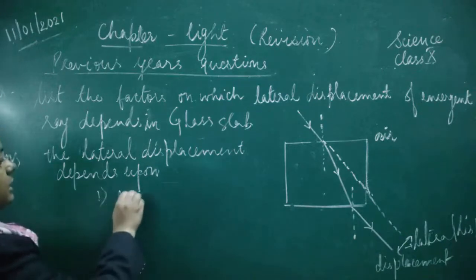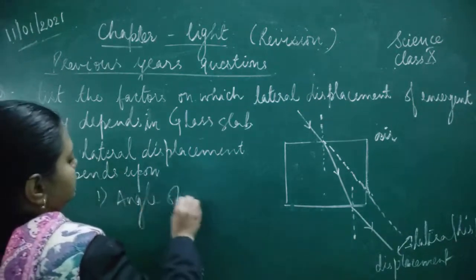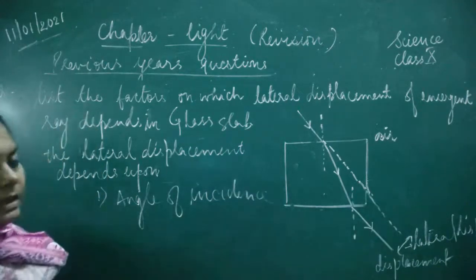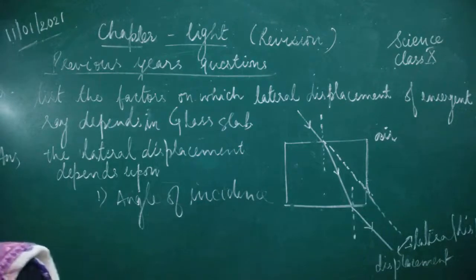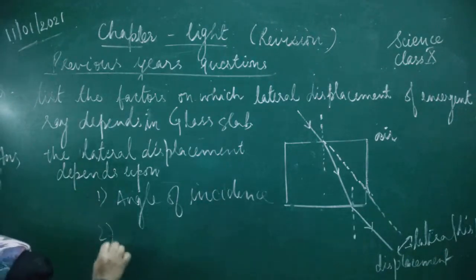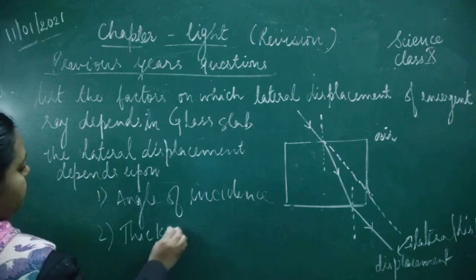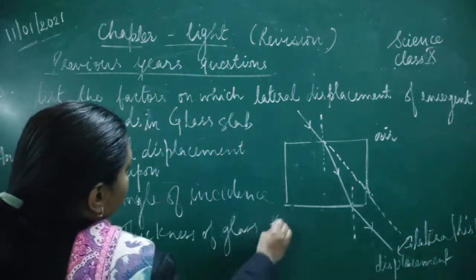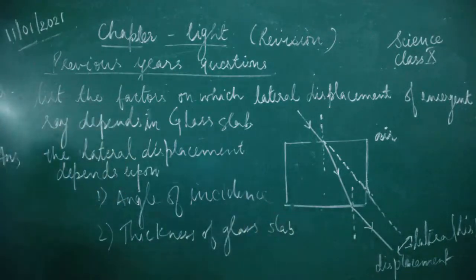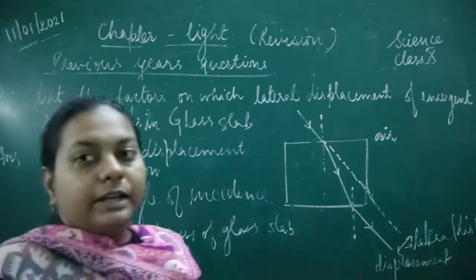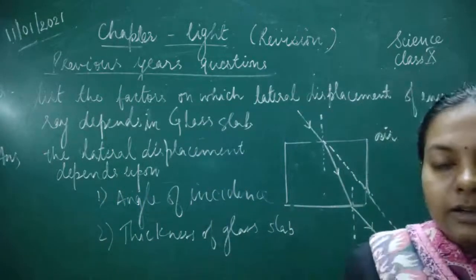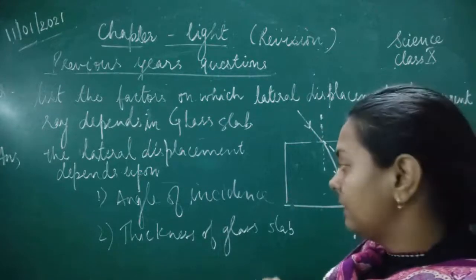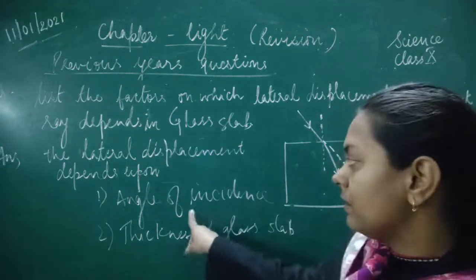First thing is the angle of incidence. ठीक है? Then the next thing is the thickness of the glass slab. ठीक है? So these are the two main factors upon which the lateral displacement is based, and it is going to be affected by these two things.